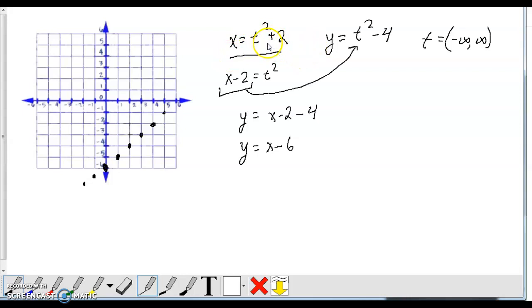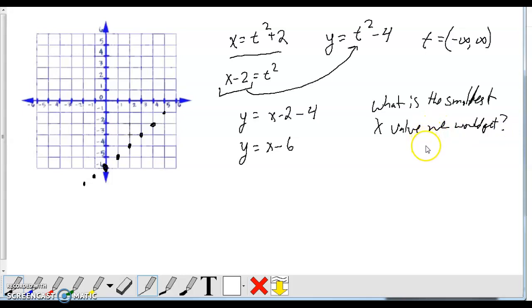Anytime you plug in any value for t, we're going to square it. So I want to know this question, right? What is the smallest x value we would get?